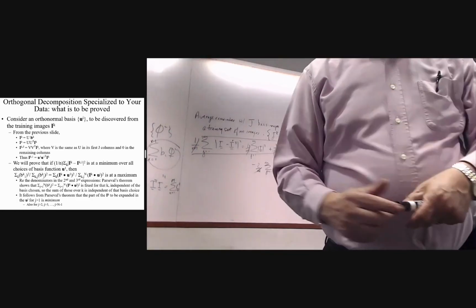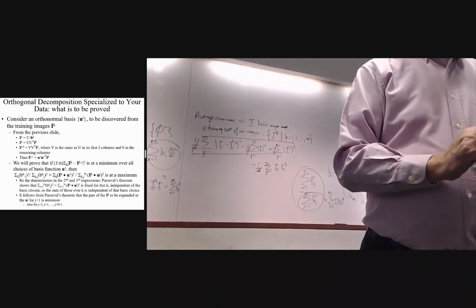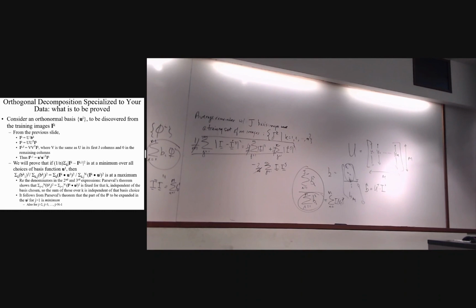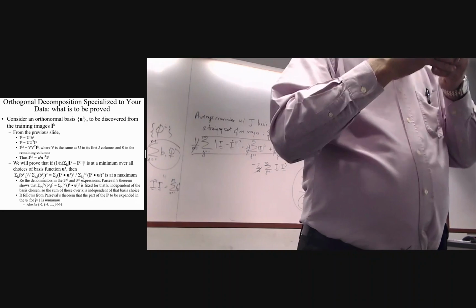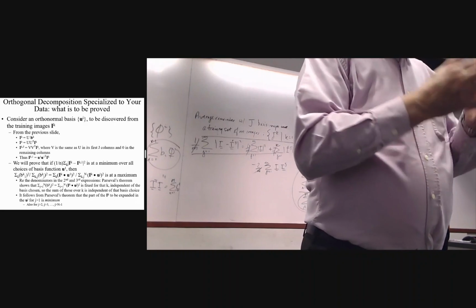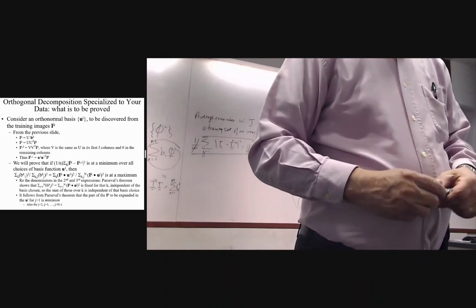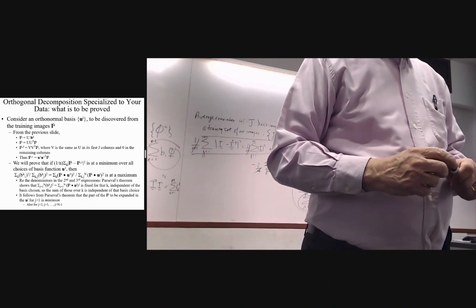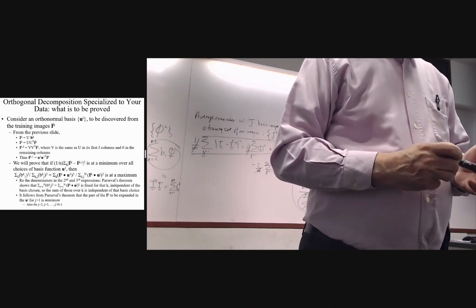And those are the training images. They're the images that we're going to use to represent the space of all images of portraits, in the case of portraits, or forests in the case of forests. And we're trying to minimize the average error over all of those training images. Is that clear?